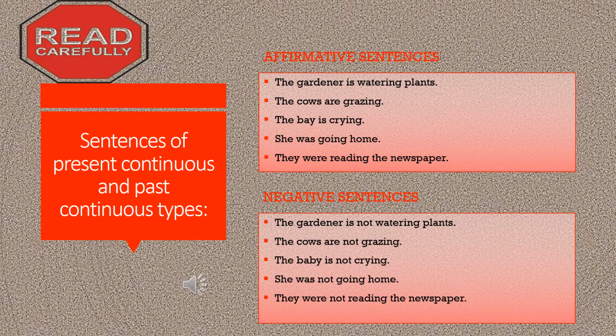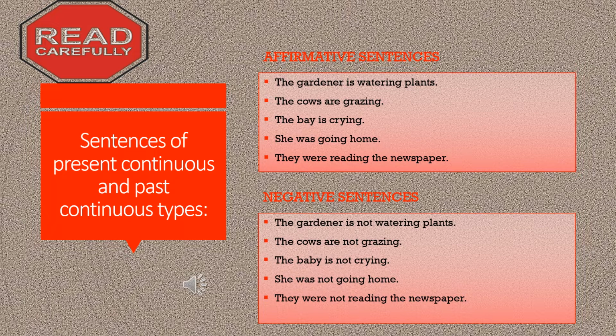Now we'll see negative sentences. The gardener is not watering plants. The cows are not grazing. The baby is not crying. She was not going home. They were not reading newspaper.